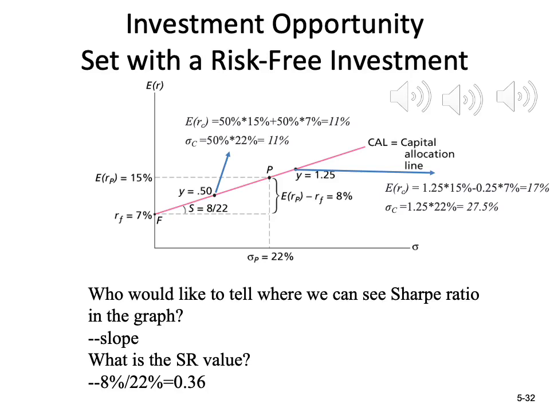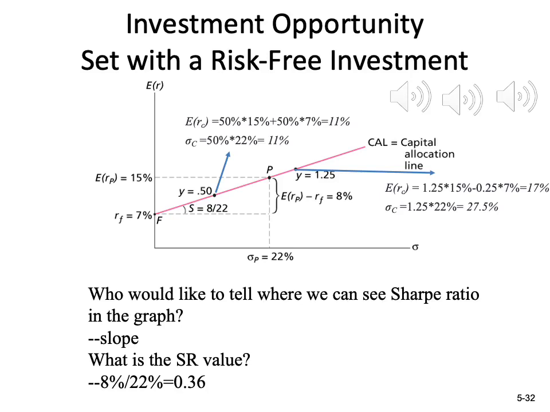The capital allocation line also shows the Sharpe ratio in the picture. Can you see where the Sharpe ratio is? Yes, the slope. The slope of the capital allocation line is exactly our Sharpe ratio. Remember the definition of the Sharpe ratio, which is the risk premium over the standard deviation of the risky portfolio. So what is the risk premium of the risky portfolio?